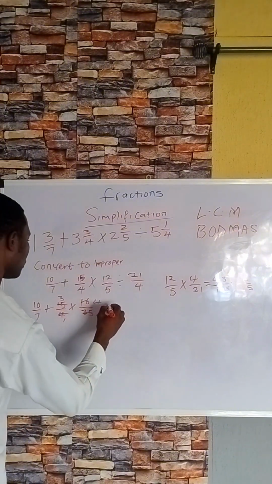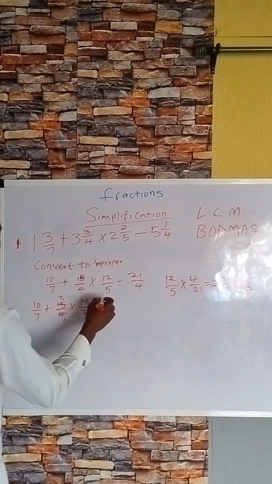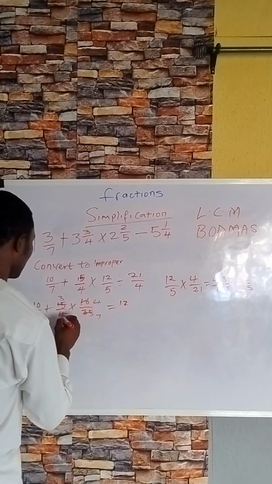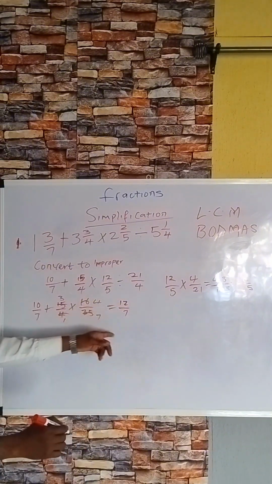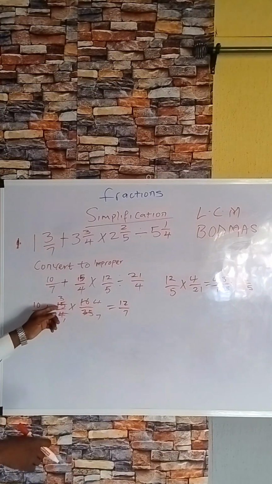So this will be equal to 3 times 4 will be 12, then 1 times 7 will be 7. So this becomes 12 over 7. So take note of this. Do not divide this way.